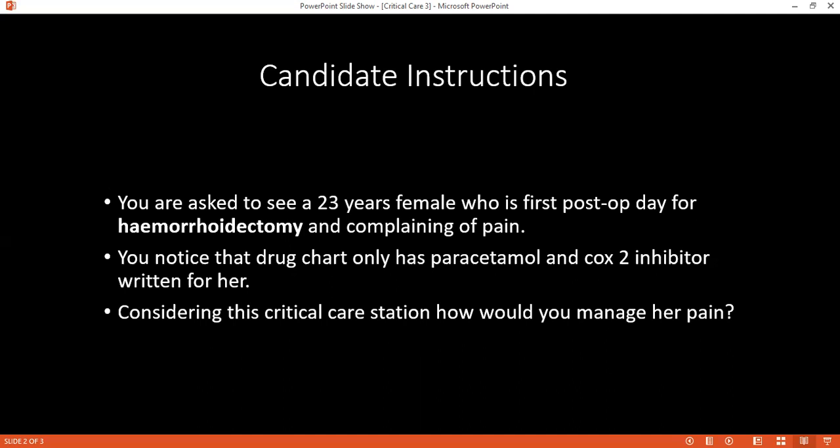Can you name any pain scoring system that you know of? Yes, it could be the verbal descriptor scale, the visual numerical rating scale, the Wong-Baker faces scale for children, functional assessment, and the visual analog scale.